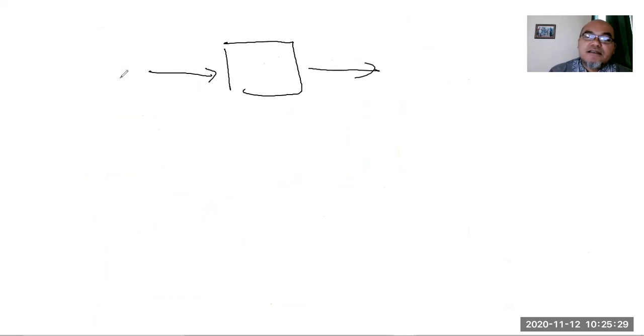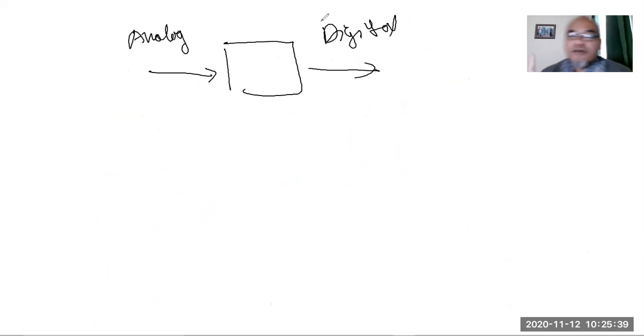Okay, then another thing which we need to know. Usually the original signal coming from the sensor and the amplifier is in the form of an analog signal, and the one processed or recorded by the computer is in the form of a digital signal. What is the difference?